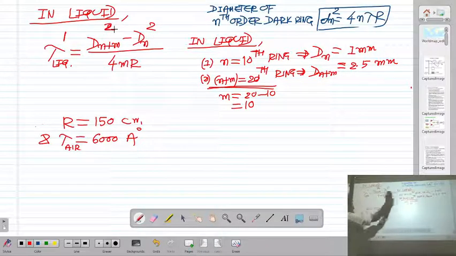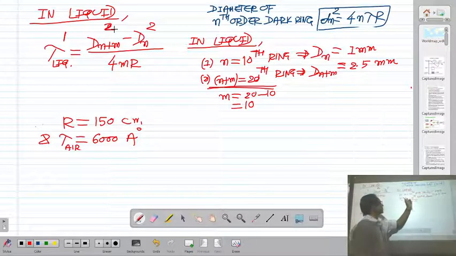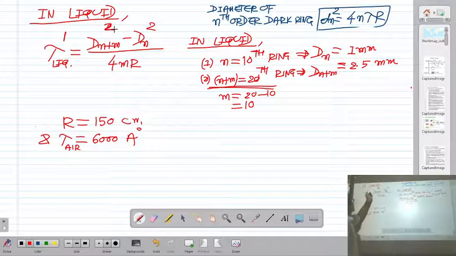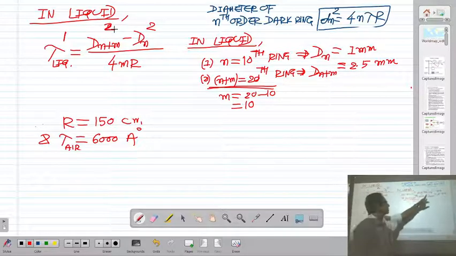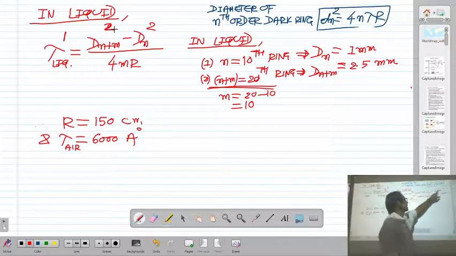When a liquid film is introduced between lens and plate, the diameter of the 10th dark ring in liquid is capital Dn, 1 mm, and the diameter of the 20th dark ring in liquid is capital D(n+m), 2.5 mm. What is capital D(n+m) square? It is the diameter of the (n plus m)th dark ring in liquid. What is capital Dn square? It is the diameter of the nth dark ring in liquid.